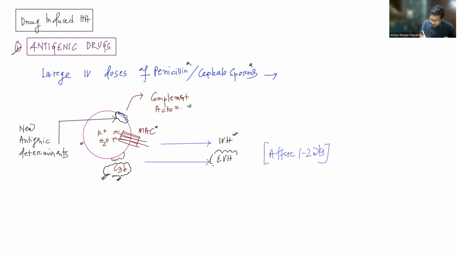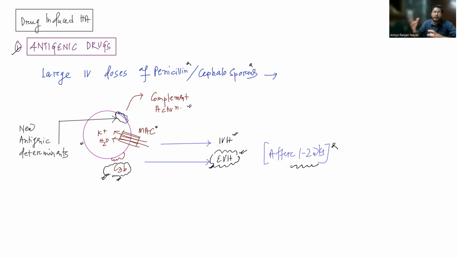This is the predominant mechanism playing a role in this condition. So both intravascular and extravascular hemolysis can be seen, but extravascular hemolysis is seen predominantly. Usually, this is seen after 1 to 2 weeks of giving the drug. So you give a high dose of penicillin or cephalosporin, they will create newer antigenic determinants, and against these antigenic determinants, our body's own immune system will produce certain antibodies.